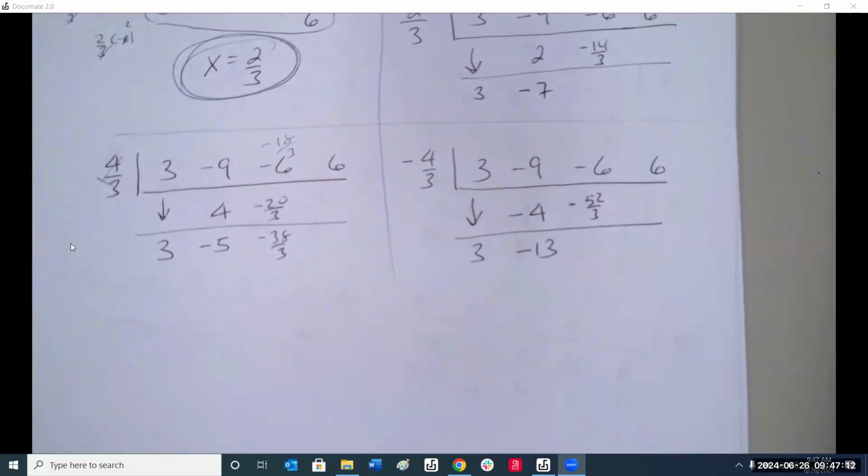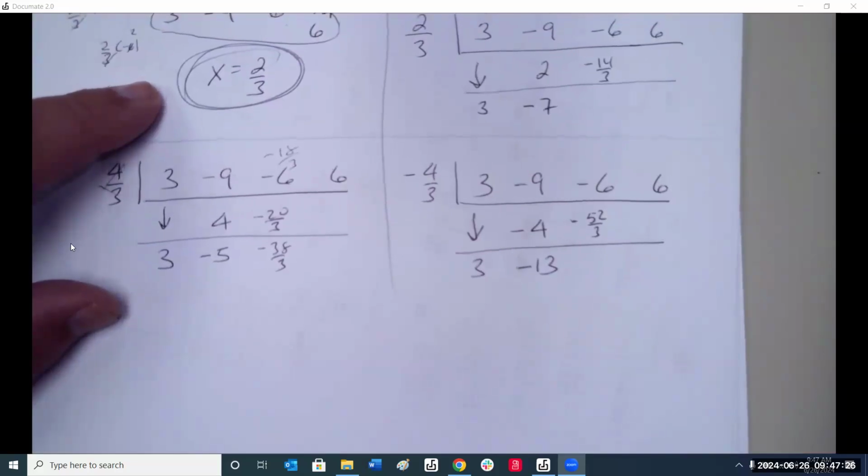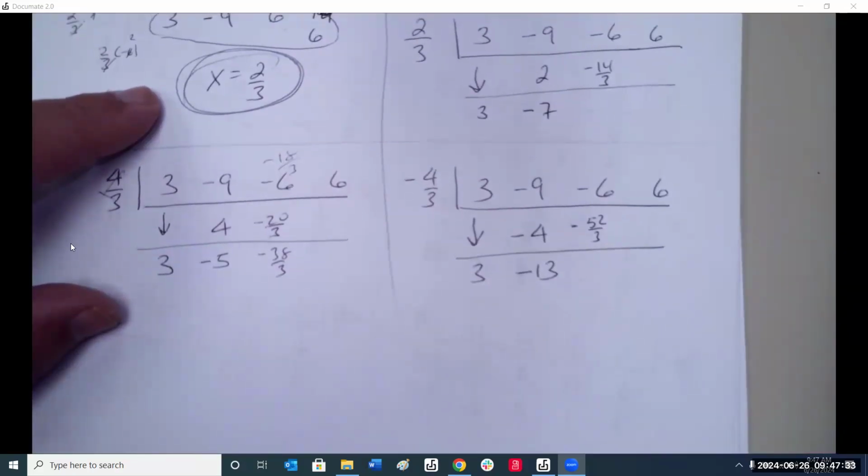Let's see what else could I have messed up. For sure, 2/3 works. Four.